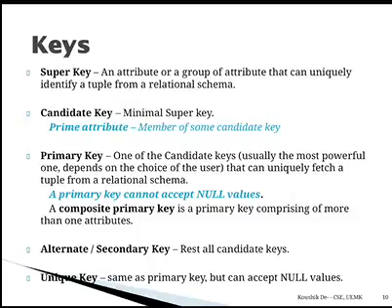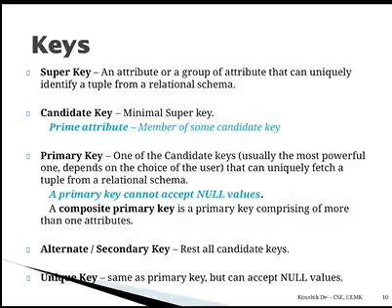Attribute student name alone cannot be a primary key, as more than one student can have the same name. Attribute student age alone cannot be a primary key, as more than one student can have the same age.